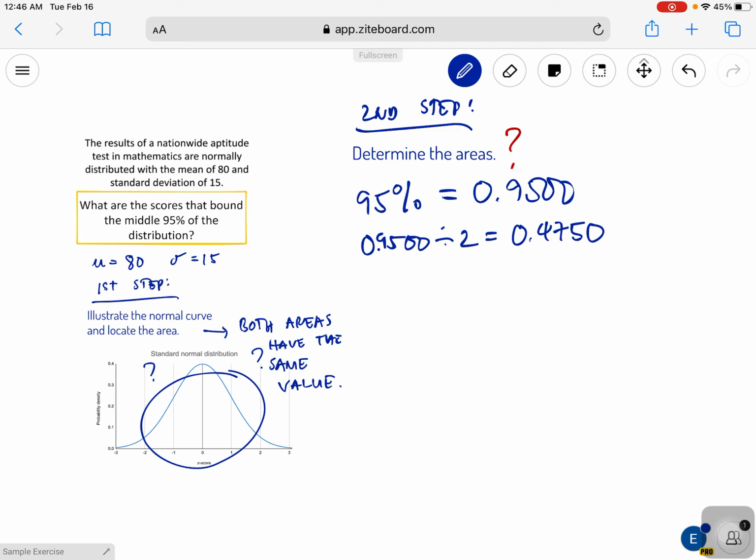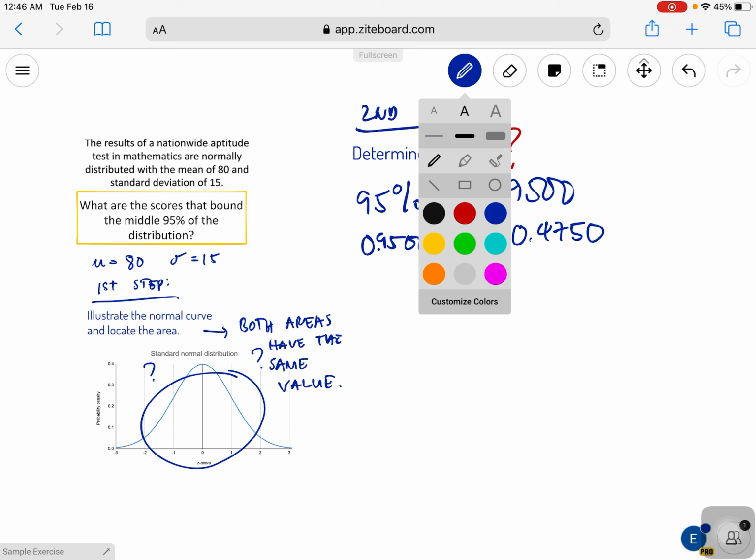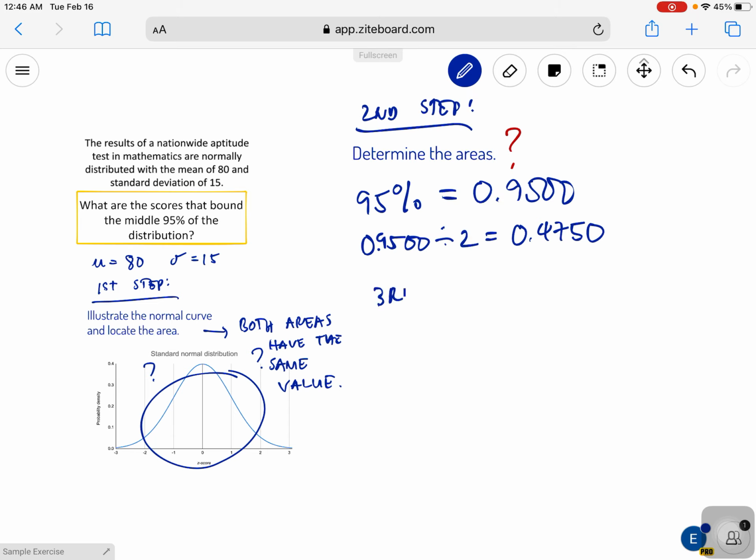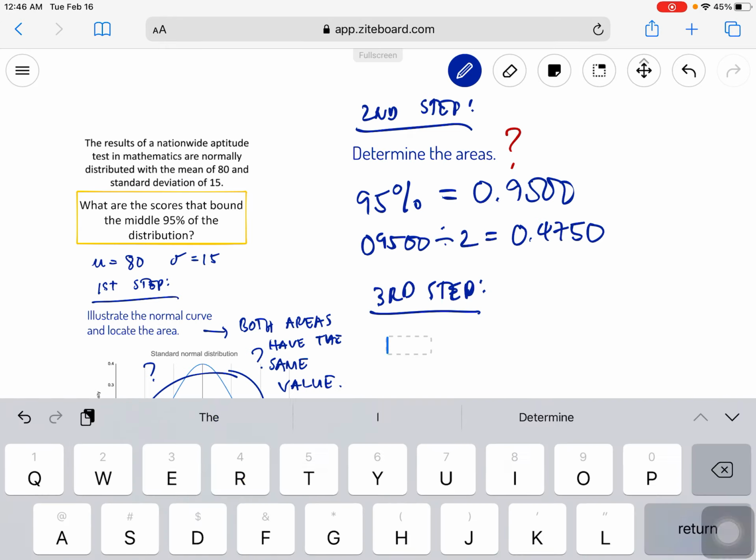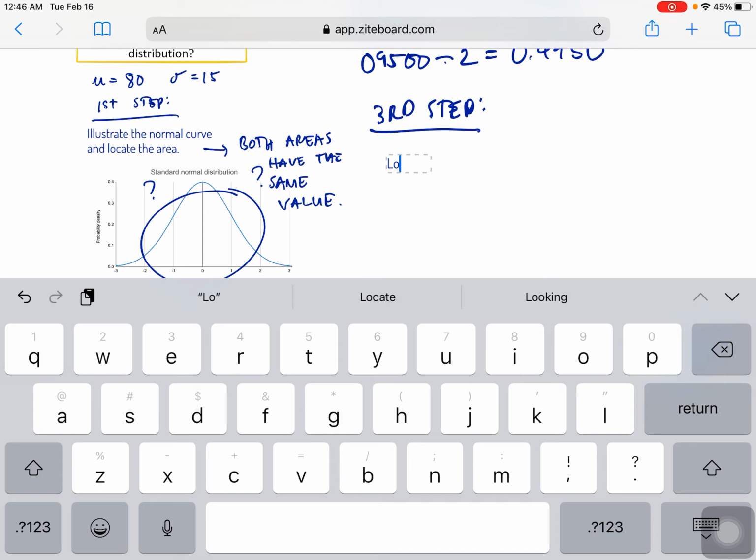Now, the next step, which is our third step, is to look for the z-score this time.